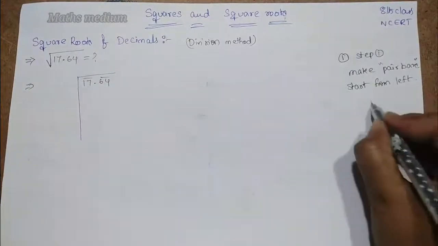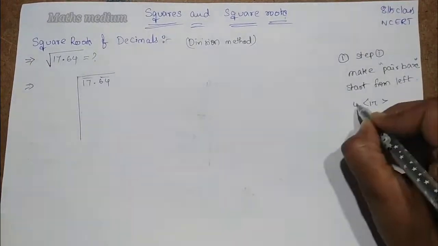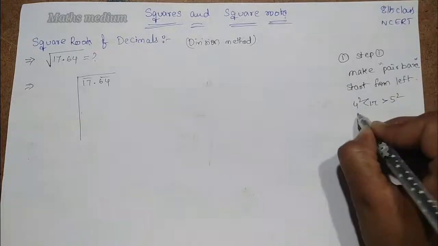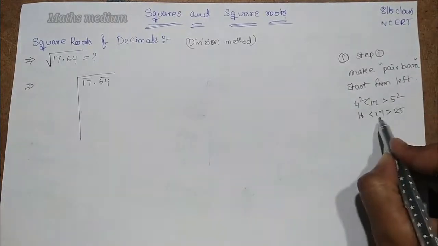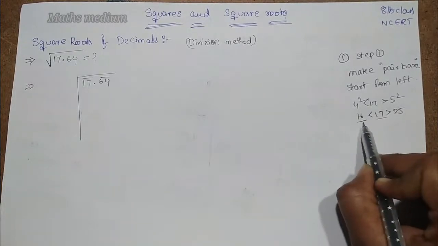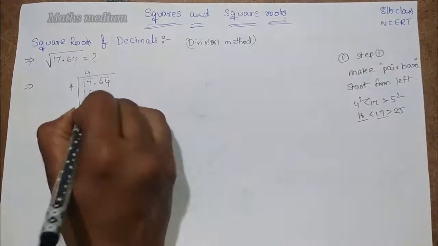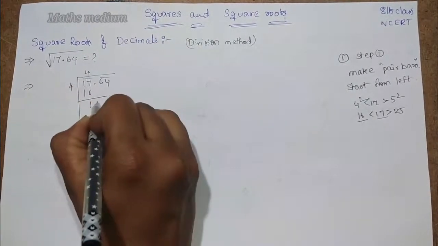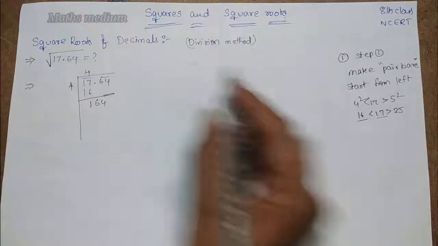The number is 17, but in between this, see, 4 square, 5 square, 16, 17, 25. It is less than 25 and greater than 16. So here 16 is eligible for the division. 4 4s are 16. Here 1 is left. 1 6 4. Now take the total number 164.